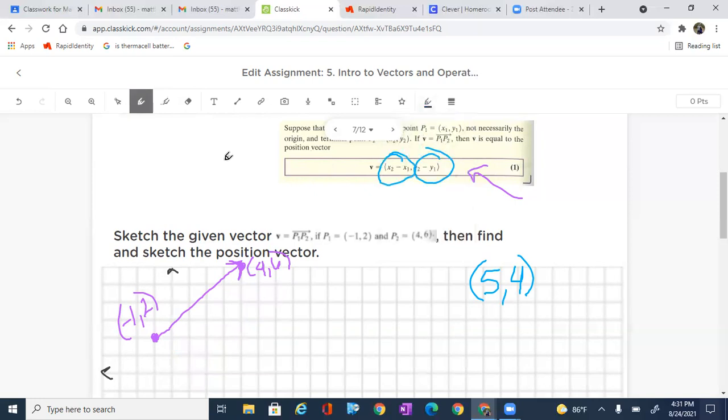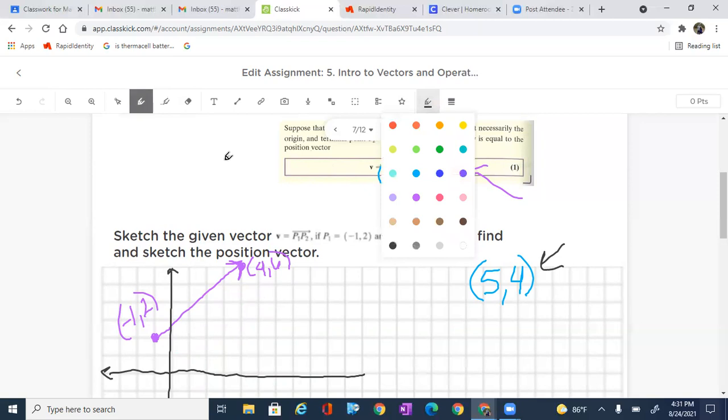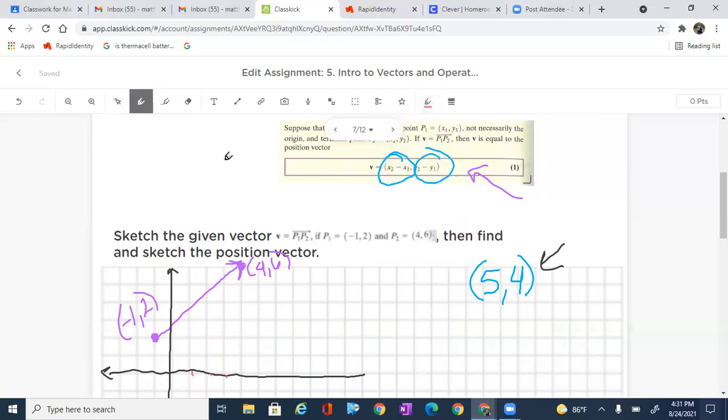And what we'll end up doing now is the position vector will be going to the point 5, 4. So let's go to the point 5, 4, which is 1, 2, 3, 4, 5, and then 1, 2, 3, 4. So this is at 5, 4.